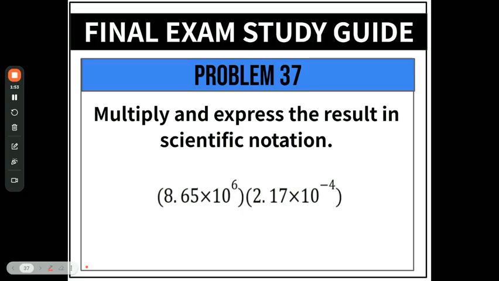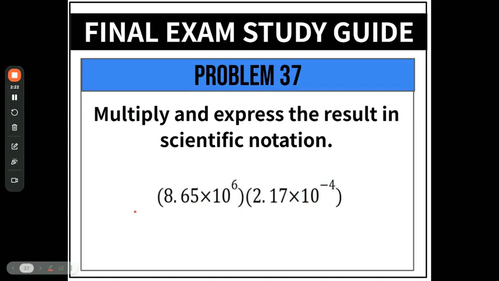Okay, problem 37. Multiply and express the result in scientific notation. So, as is right now, it's kind of difficult to multiply. But if we rearrange it in a format that is helpful, this might be a little easier. So what I'm going to do is I'm going to group the first numbers here together, and then I'm also going to group the exponents with the bases of 10 together.